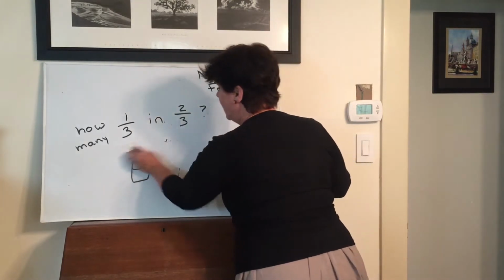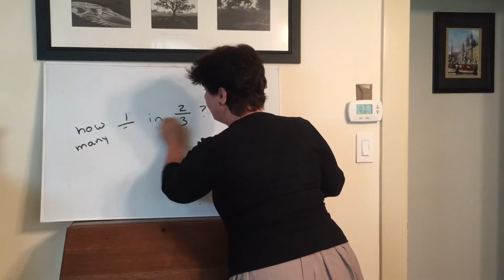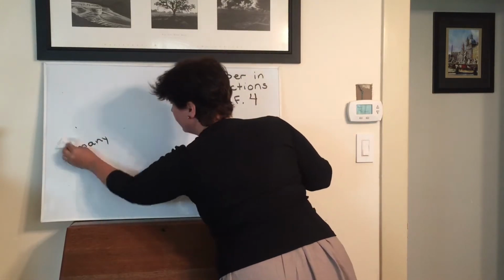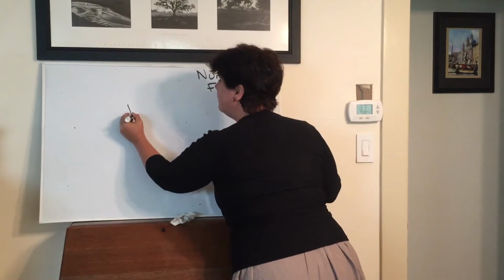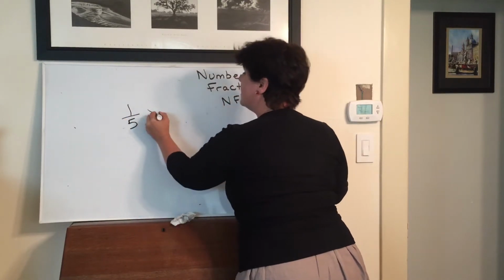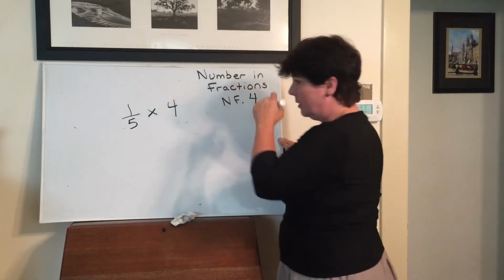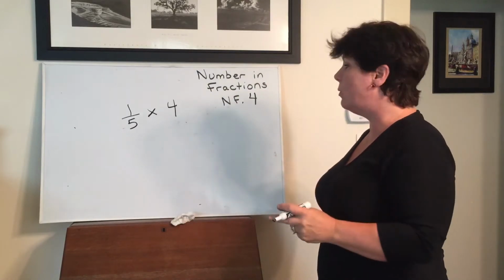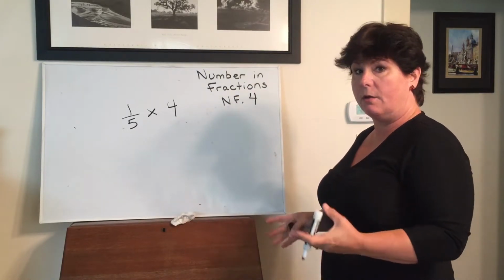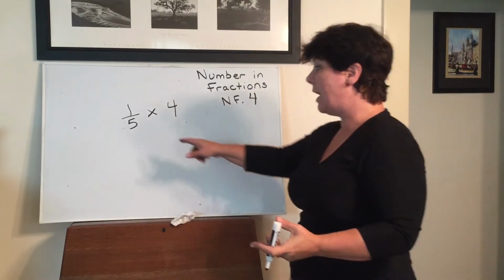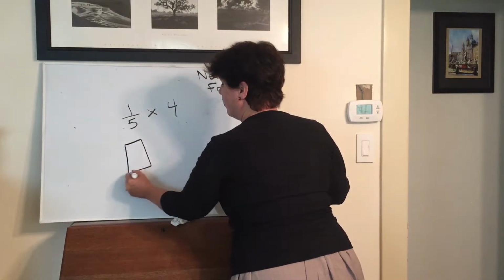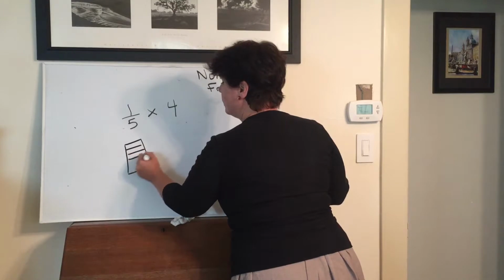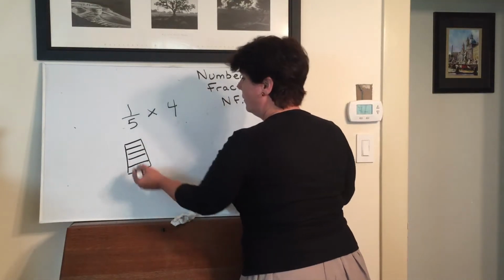So if I said I have 1/5 times 4, there's 2 visual ways that I can draw that. First, I could say, okay, I have 1/5. 1 2 3 4 5.